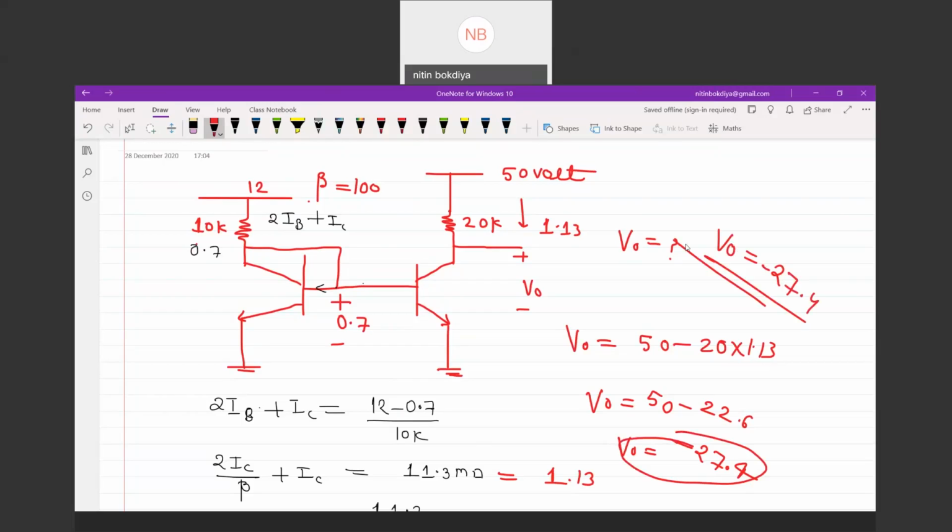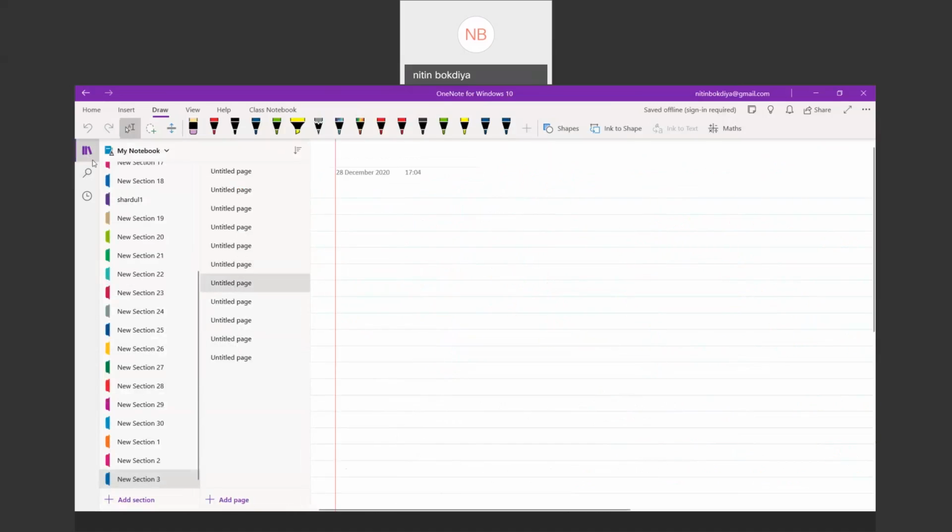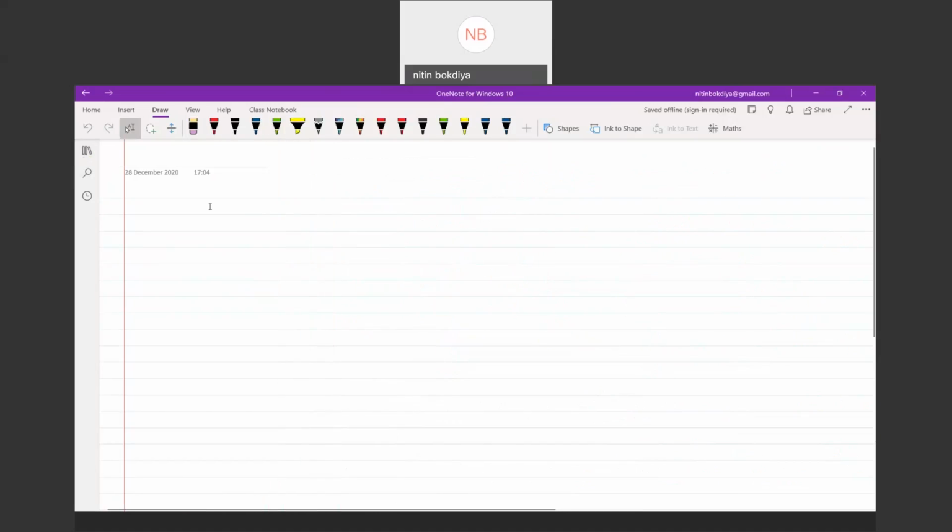So this is our analysis on MOSFET circuits. From tomorrow, we will start the concept of feedback amplifier. Feedback.